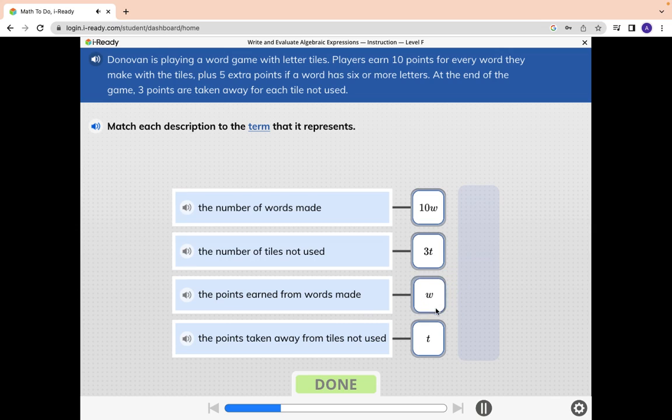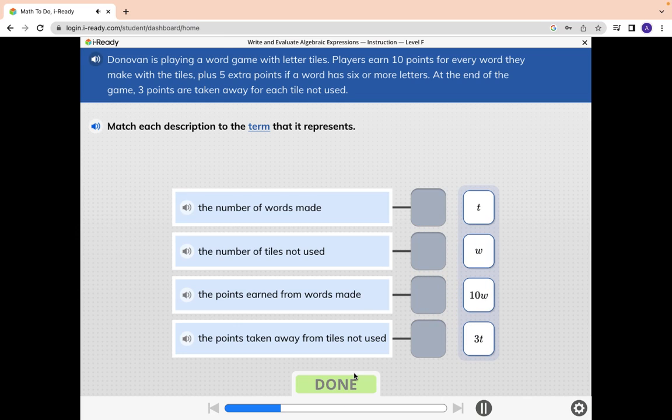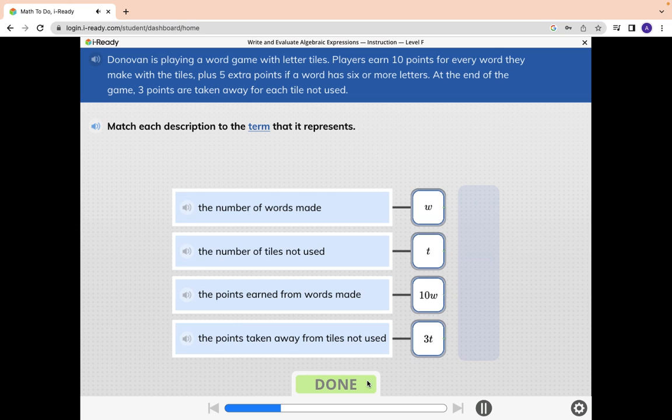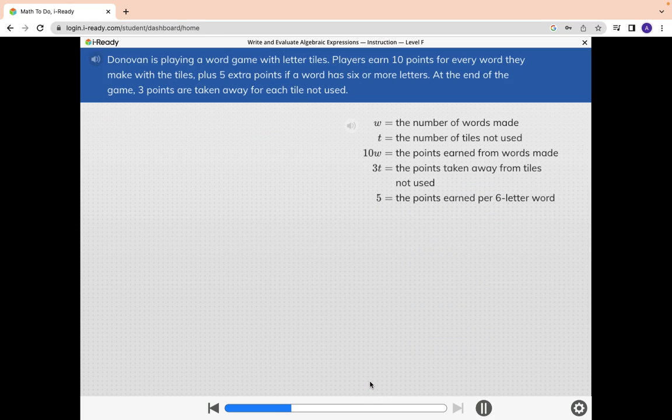And then this leaves us with 3T, which is the points taken away. Never mind, this is the exact opposite. Oh wait, it's reversed. Whoopsies. Here is the information given in the problem.